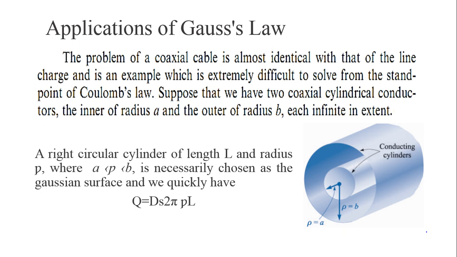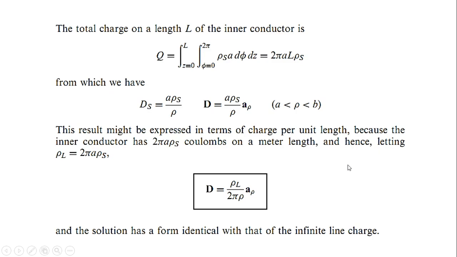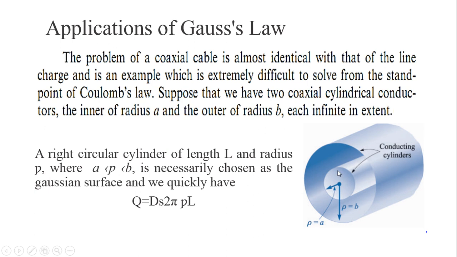We can also find how much charge is contained over the outer surface of the inner cylinder. This is the inner cylinder and this is the outer cylinder. We can find it from its surface charge density.